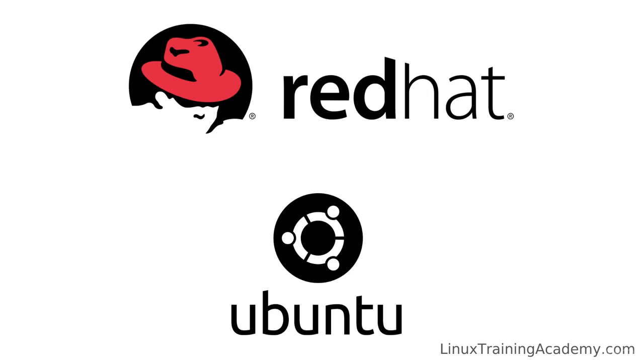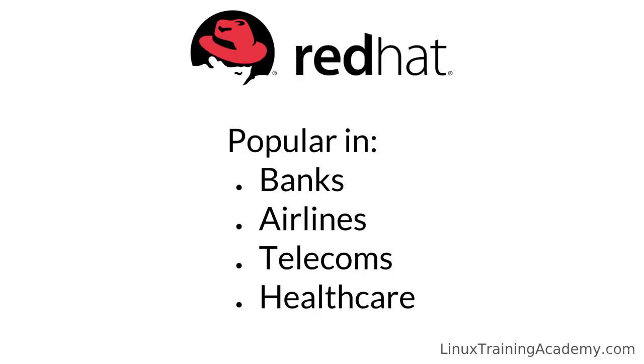You can forget about the literally hundreds and hundreds of Linux distributions and choose between Red Hat Enterprise Linux and Ubuntu. If you want to work for large traditional organizations like financial institutions, transportation companies, telecommunication corporations, large retailers, and healthcare organizations, then you should choose Red Hat.